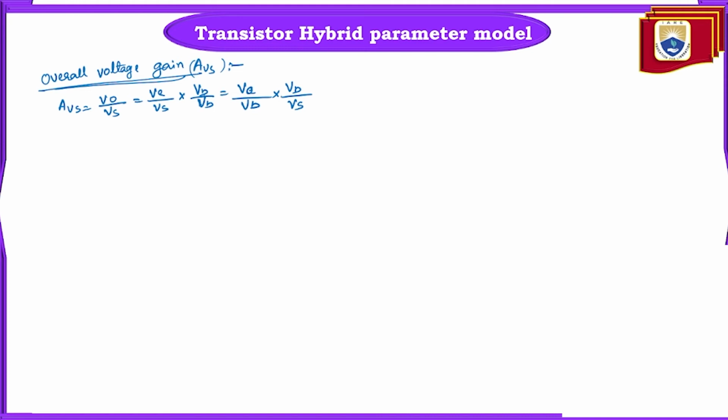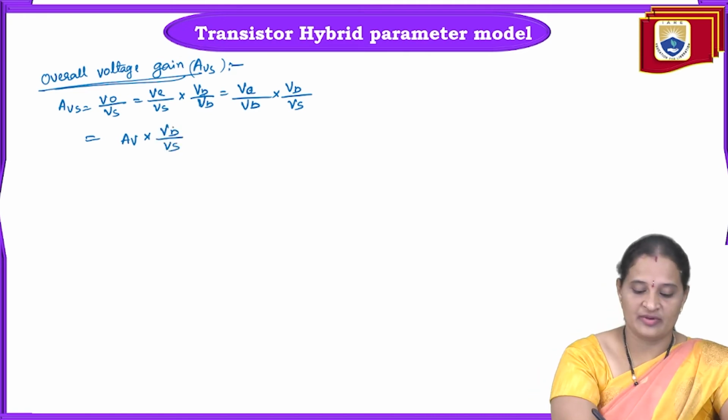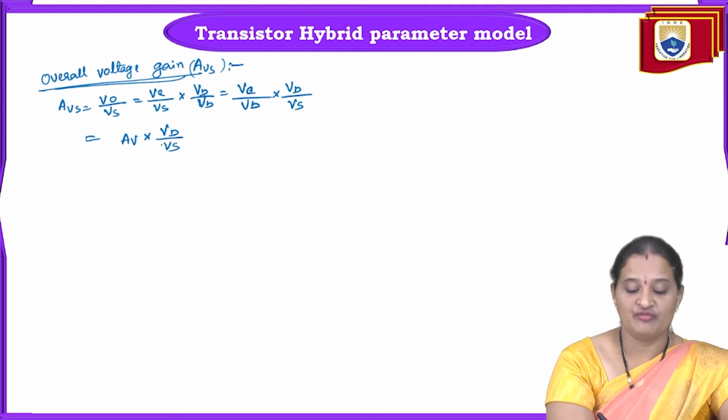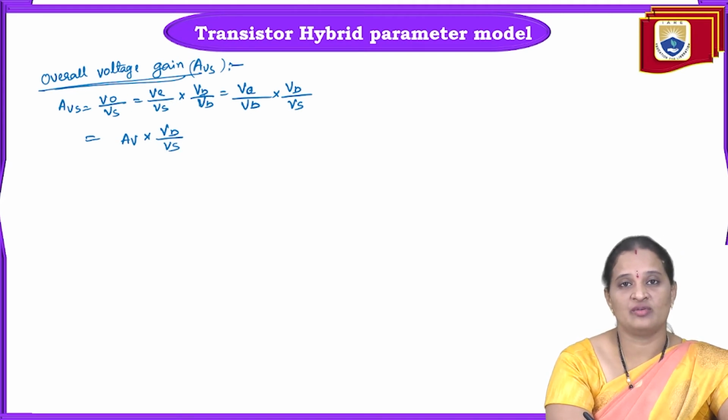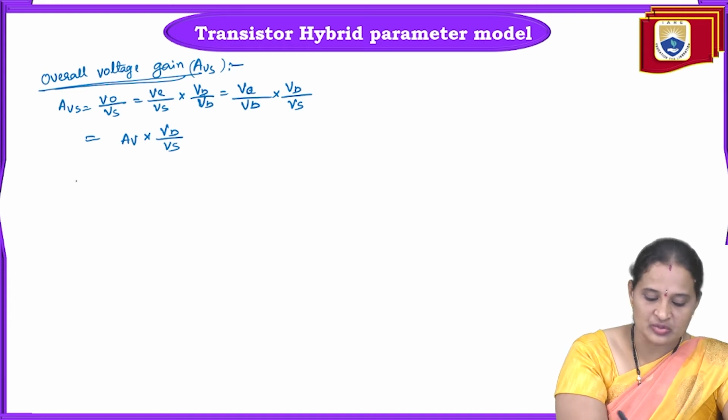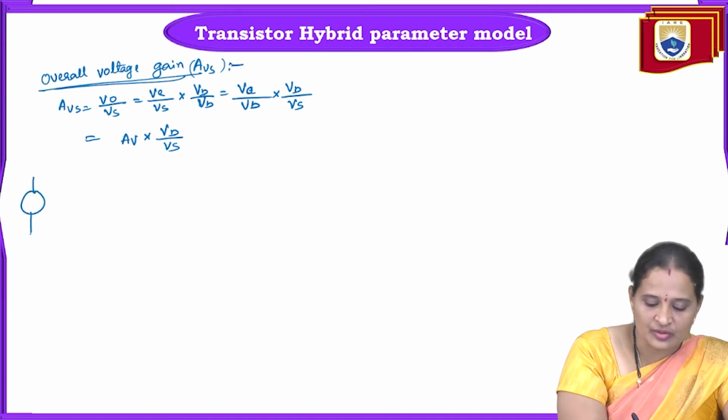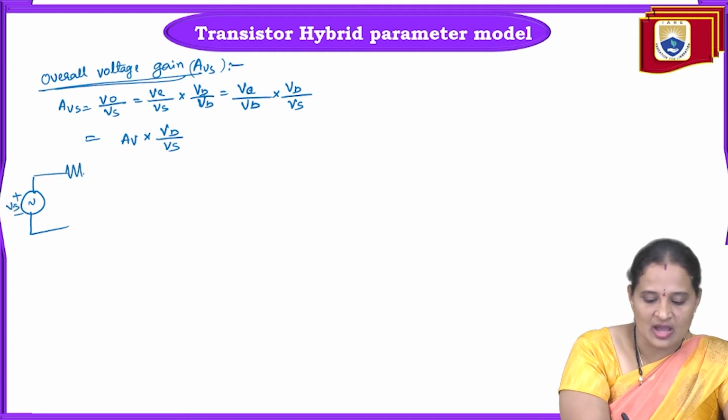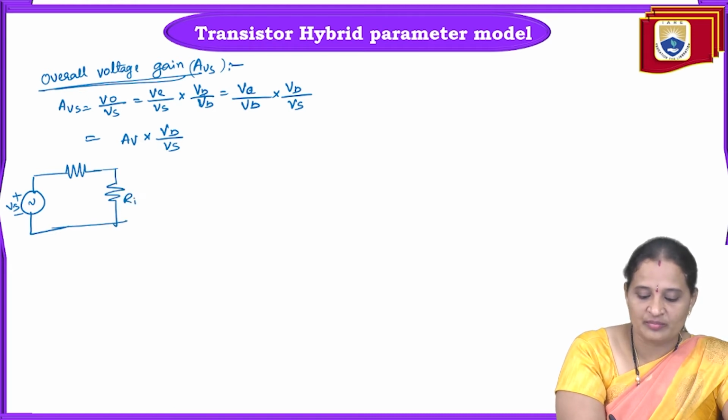VE by VB is the gain without considering the voltage source into effect, so I can write it as AV into VB by Vs. To calculate VB by Vs, we need to take the Thevenin's equivalent circuit of the input source: Vs with RS, and the overall input impedance RI dash.